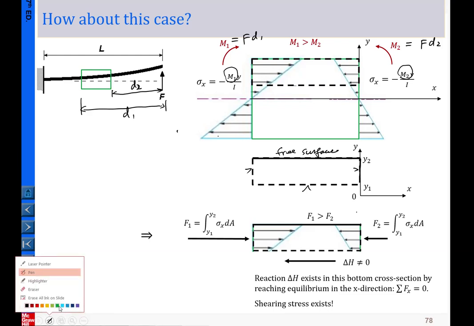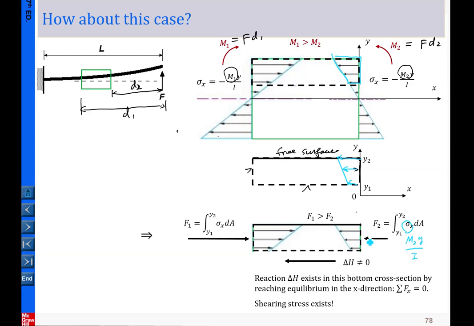Let me use the color here again. Basically in this portion, the bending stress is like here, I simply copy that information to here. So we do the surface integral of the bending stress, and this bending stress is equal to M2 times Y over I. That's compressive, so I drop the sign here.